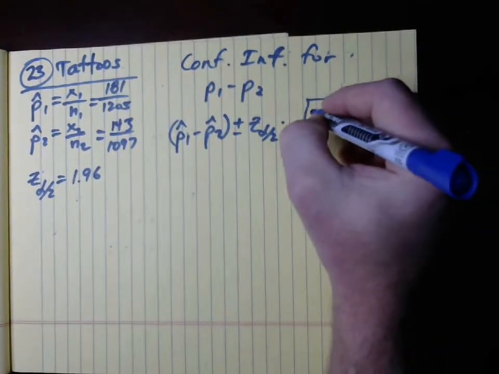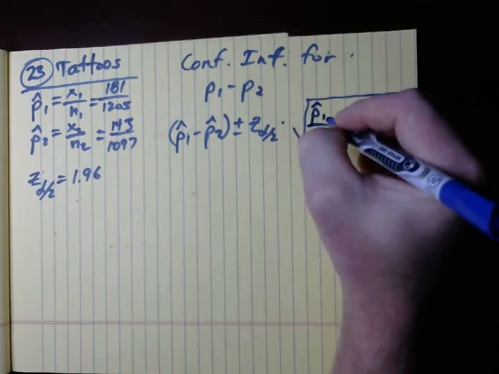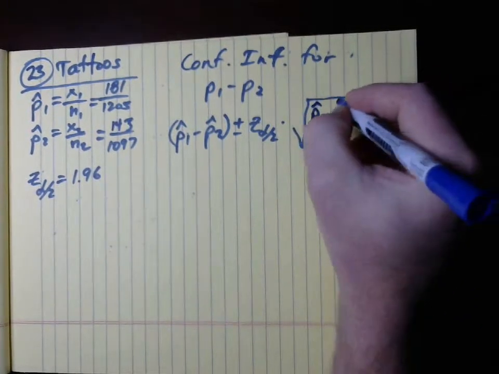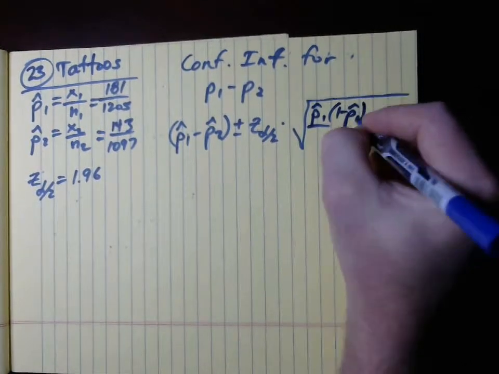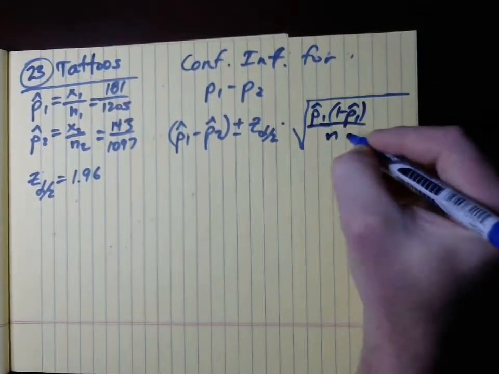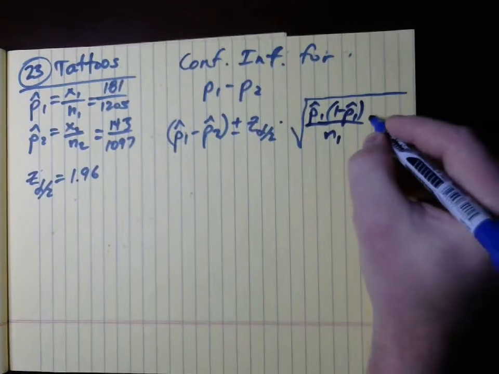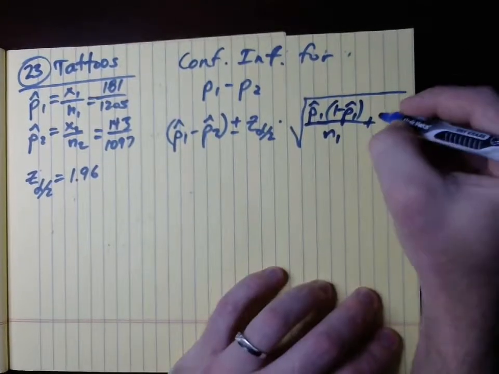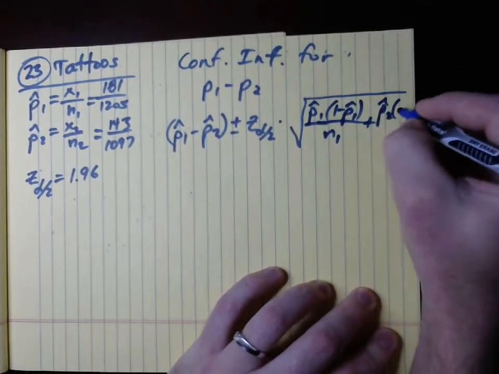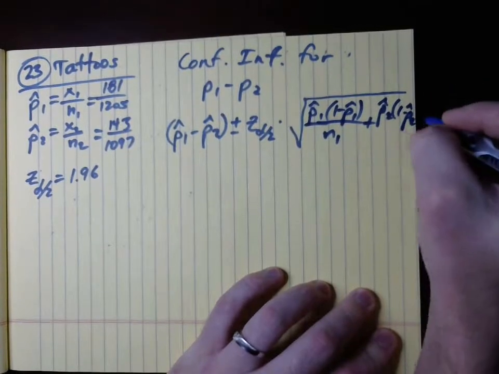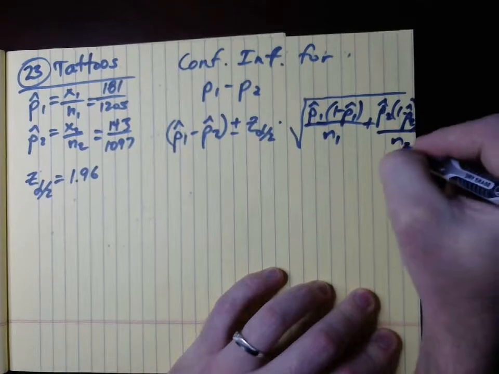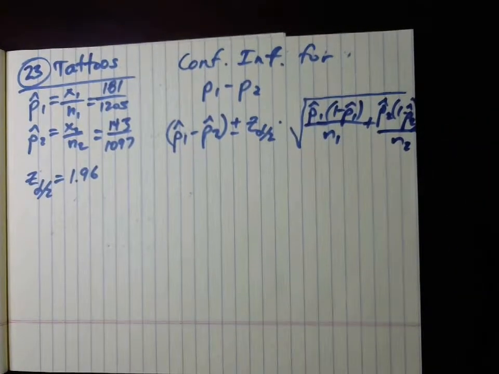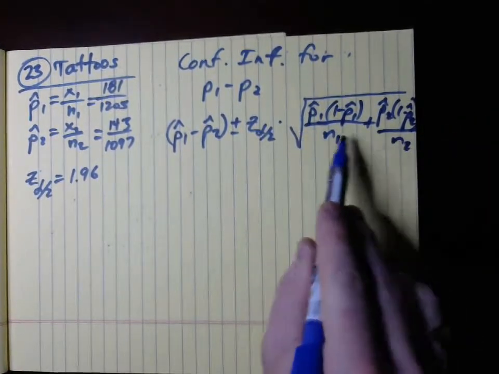P hat 1 times 1 minus P hat 1 divided by N1, plus P hat 2 times 1 minus P hat 2, over N2. Okay, so that's the standard error.